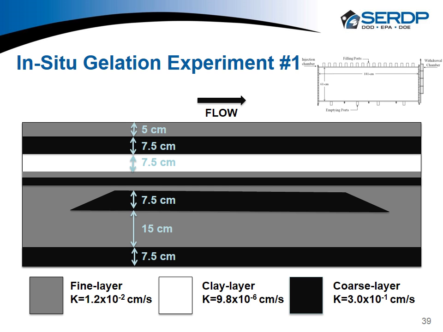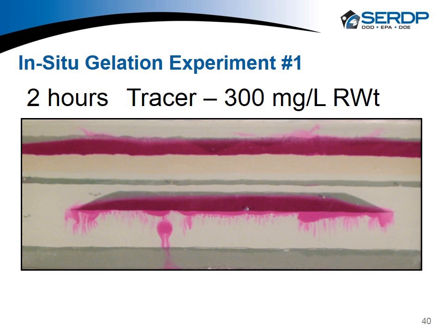We injected the gelling silicate solution into the high conductivity layer at the top and this high conductivity lens in the middle. We also added 300 milligrams per liter of rhodamine tracer into the gelling silicate solution.